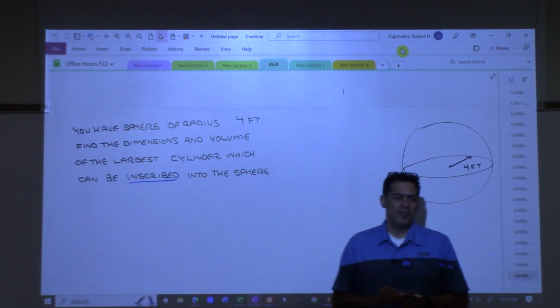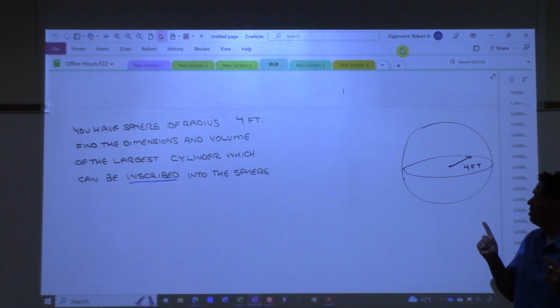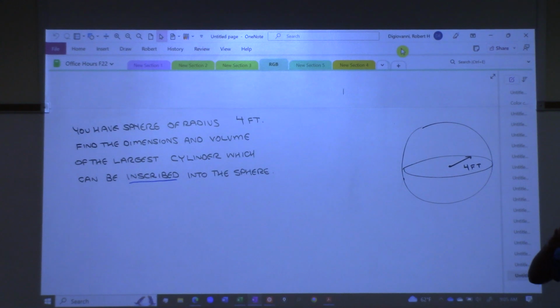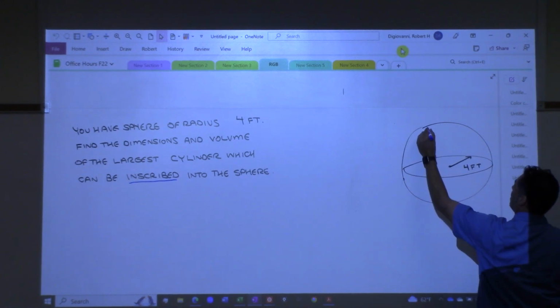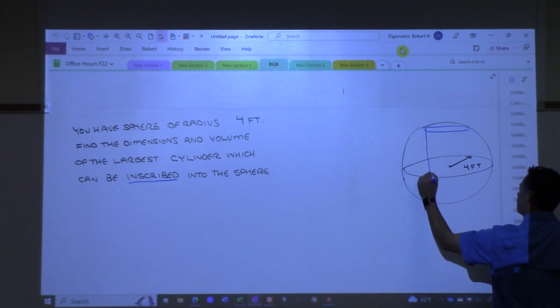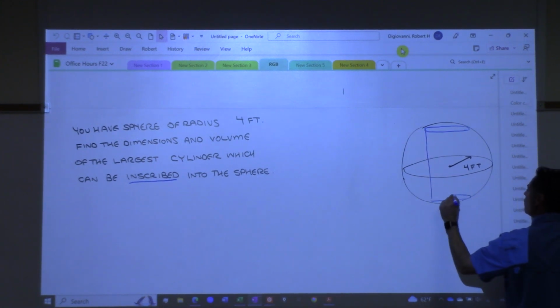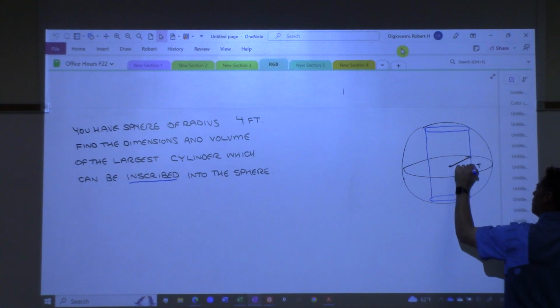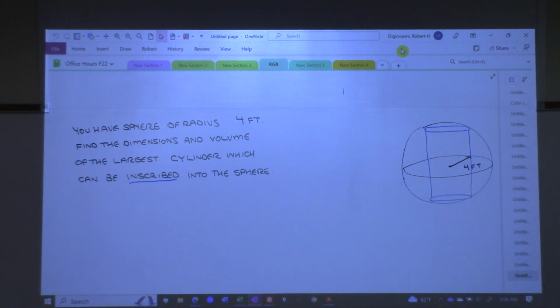It means that this cylinder is going to touch the actual surface of the sphere, but it's going to be inside of it. So imagine a cylinder that looks something like this, inside of that sphere. Do y'all see it?